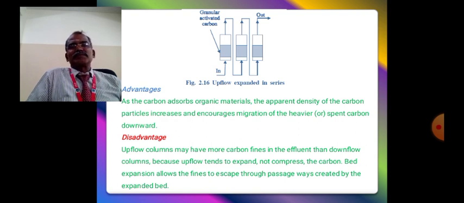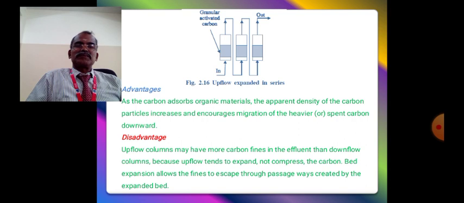Due to gravitational force, it migrates automatically downward due to its weight. The disadvantage is that upflow columns have more carbon fines in the effluent than downflow columns, because upflow tends to expand, not compress. In the downflow method, compression of the activated carbon is possible due to weight, but here only expansion is possible.